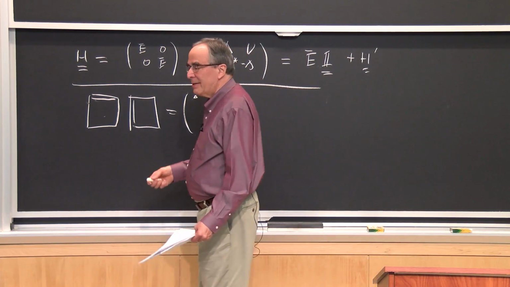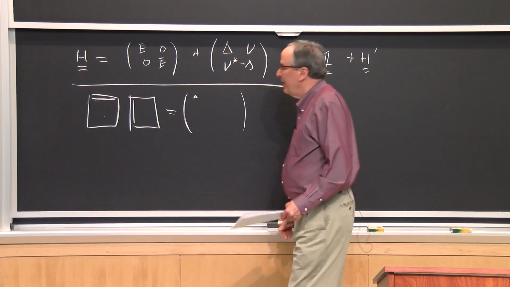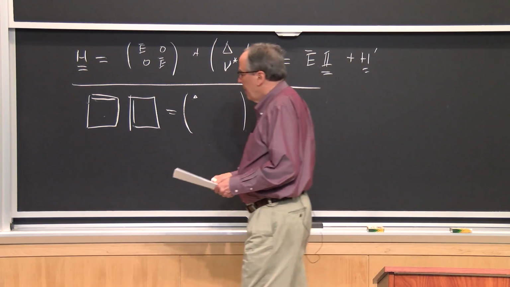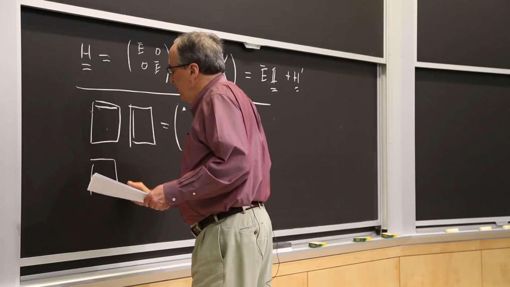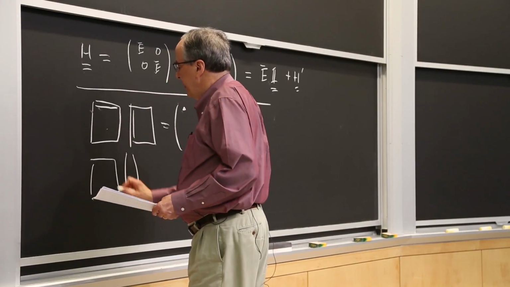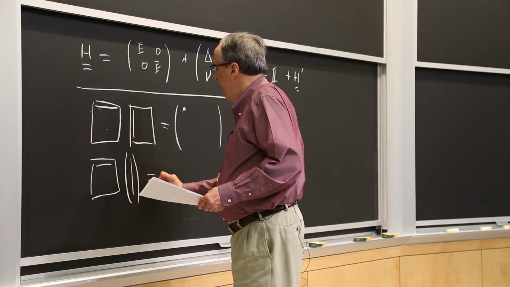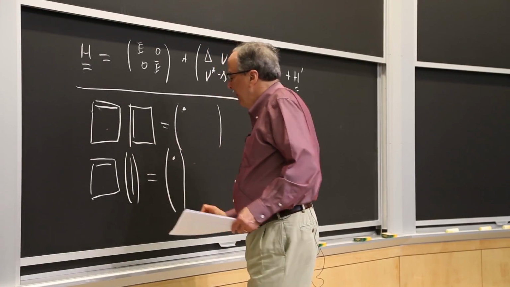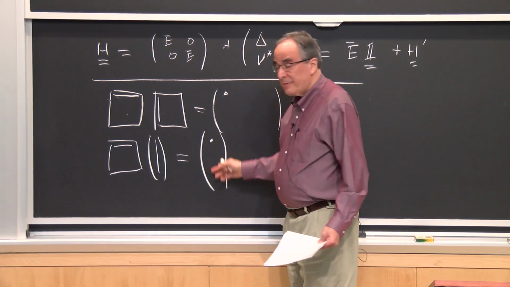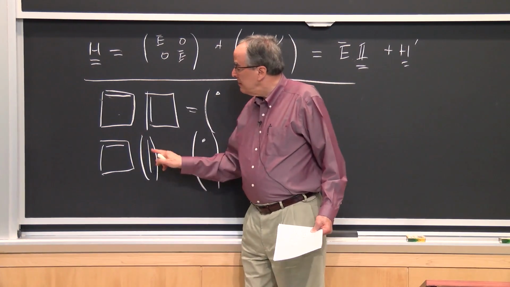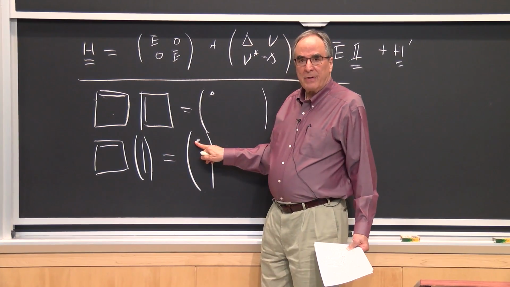And with a little practice, this will be permanently ingrained in your head. We also can have a matrix multiplying a vector. And so a matrix multiplying a vector gives a vector, and this product gives a number here.